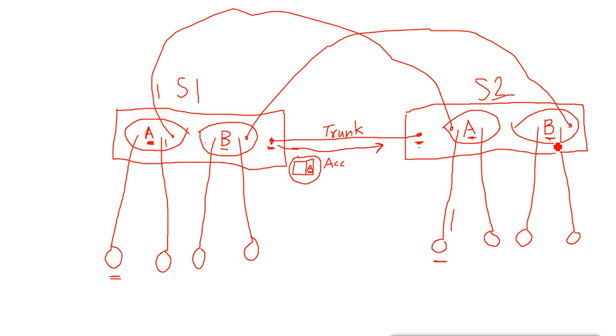So instead of connecting these direct links, we can connect with only a single port. Because this port carries the data from all the VLANs, if you have lots of VLANs, like 10 to 20, it can put a very heavy load on this link.